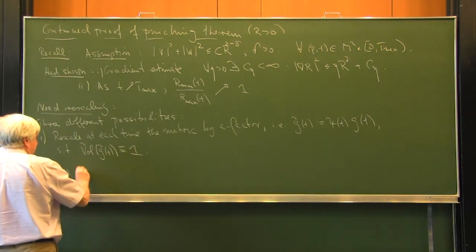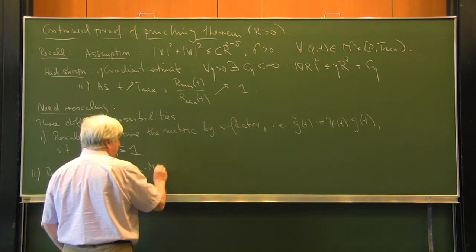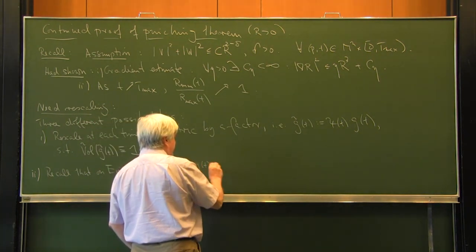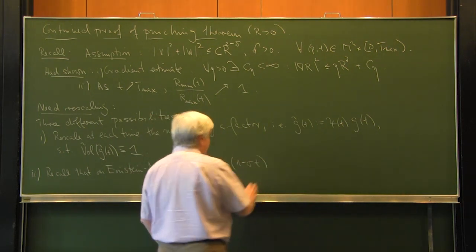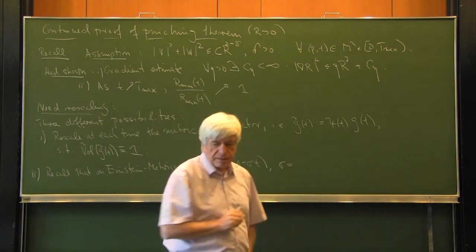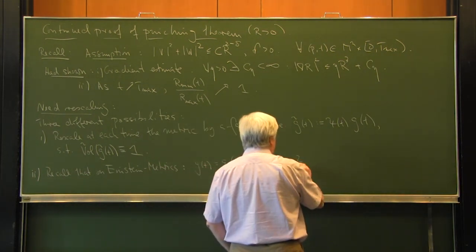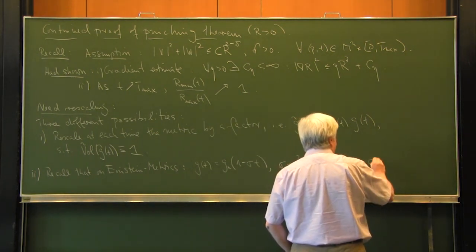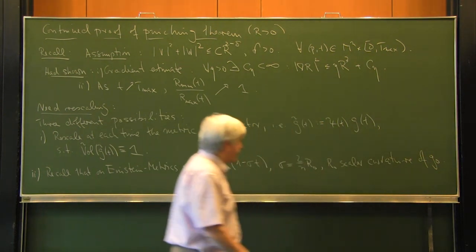Just recall that on Einstein metrics, you get that the metric at time t is just the initial metric times 1 minus sigma times t, and sigma turns out to be equal to 2 over n times this constant scalar curvature R0, the scalar curvature of the initial metric.